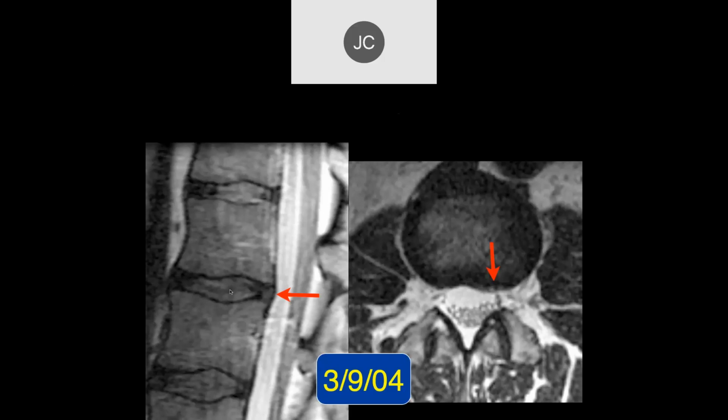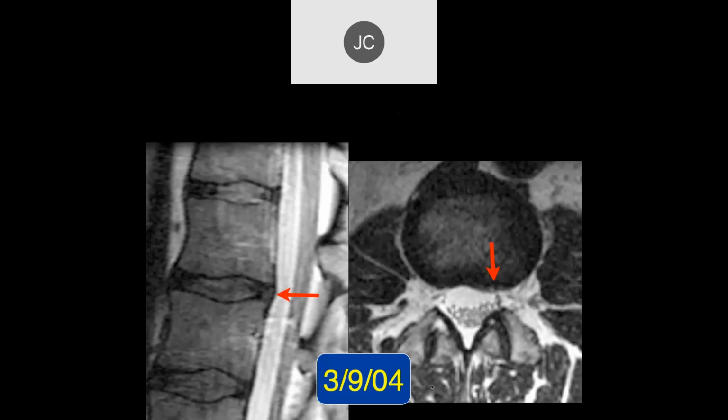I think there's a little bit of loss of signal, so there's a little bit of desiccation. So I think there is some degenerative disc disease here, but I don't think that this degree of bulging is abnormal. Okay. I'm not sure that's a bulge either, John. Yeah. And the discs are not perfect in their circumference.